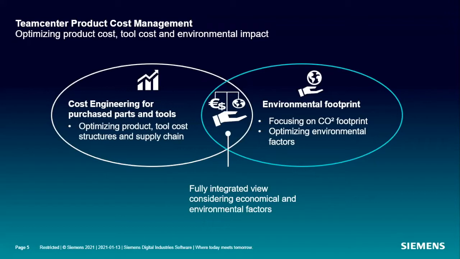The impact on costing will be really nothing, but the CO2 impact will be huge. You will have this trade-off to take care of in the next few years, and having it in an integrated view will be highly beneficial. Today I will explain how you do this.